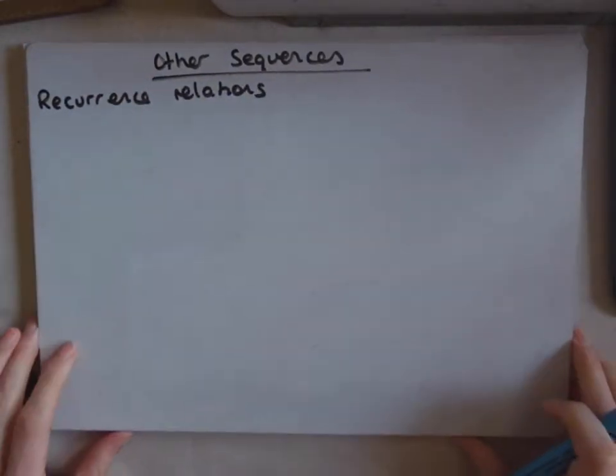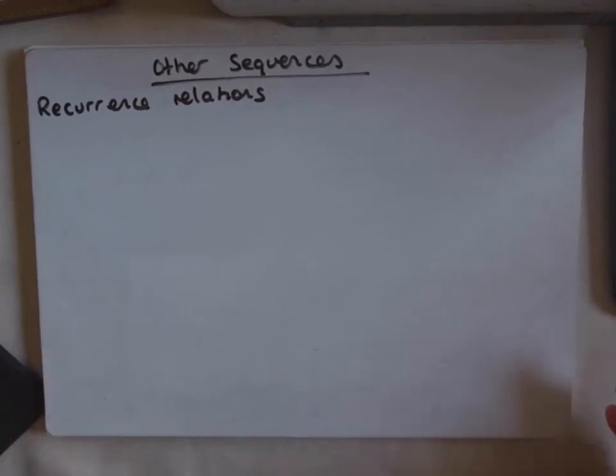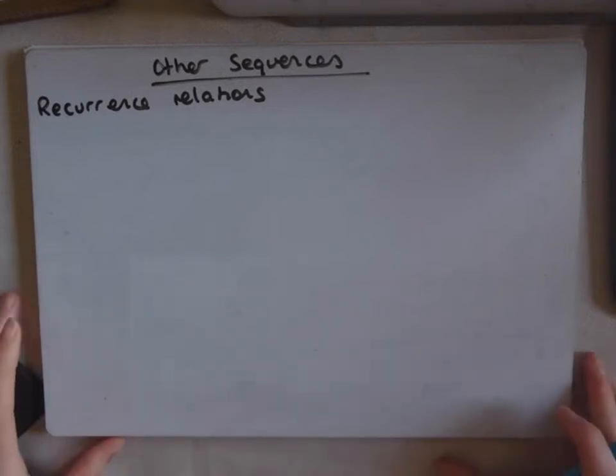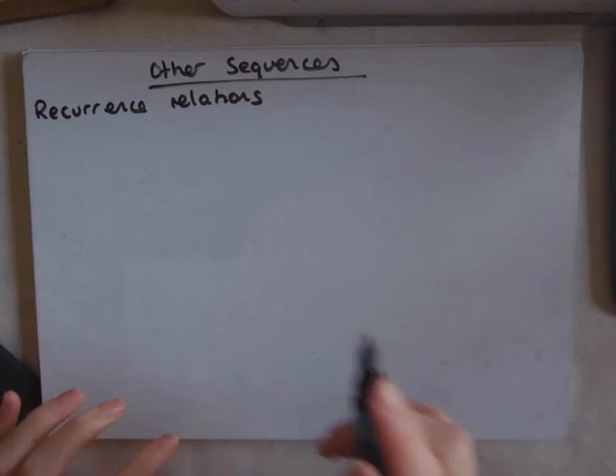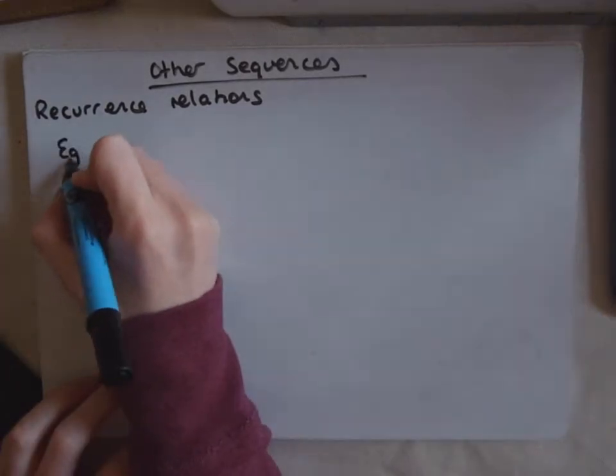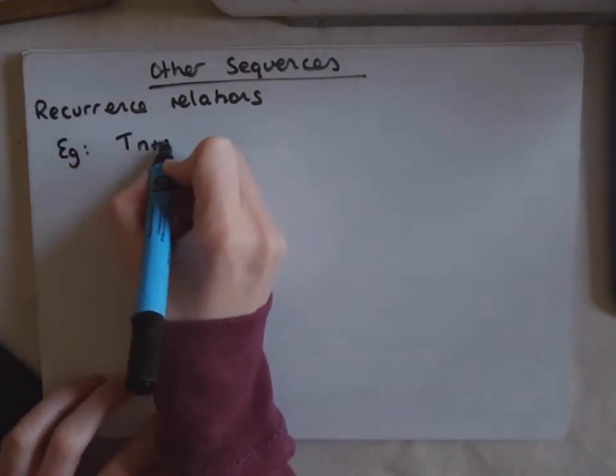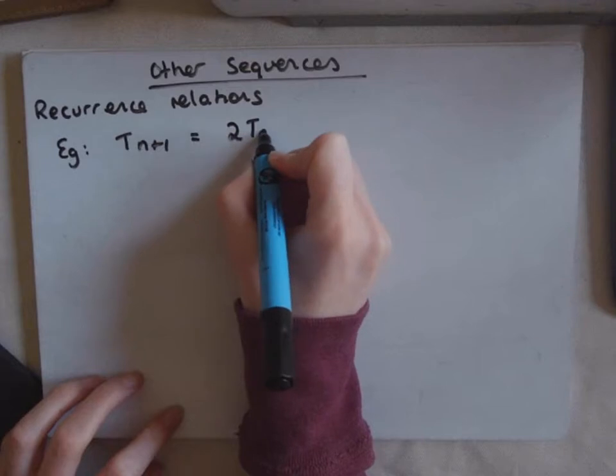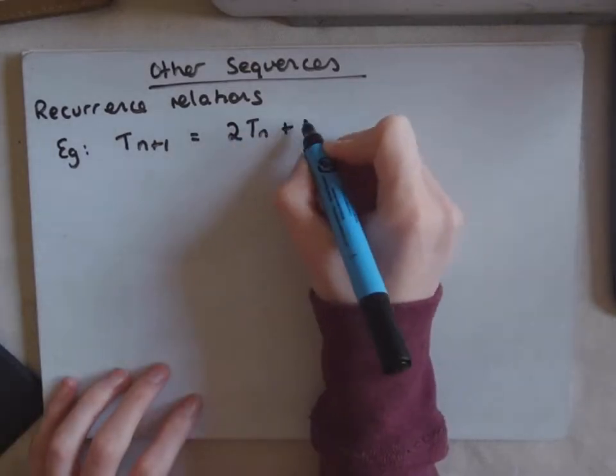Okay, so a recurrence relation is when they're giving you the way to get the next term by doing something to previous terms. So for example, they might say t of n plus 1 is 2 times tn plus 2.